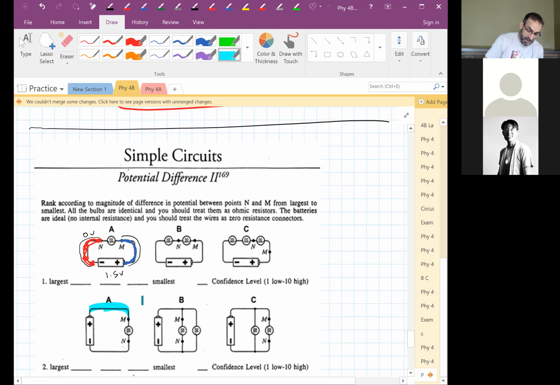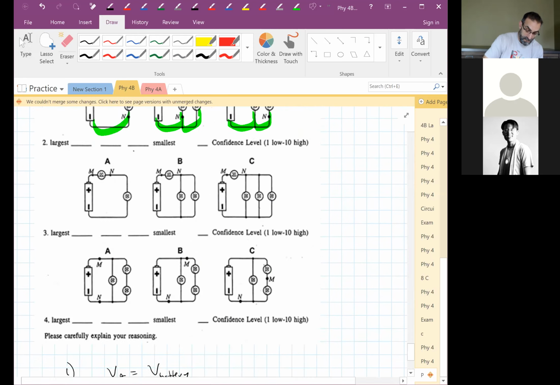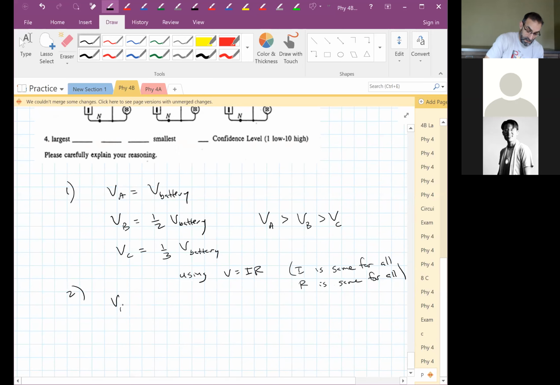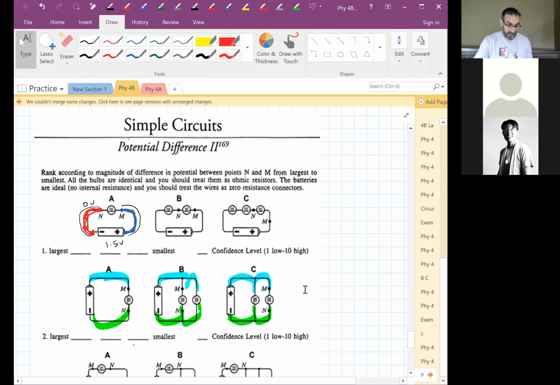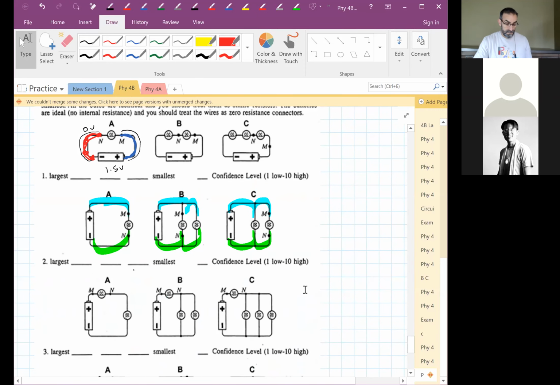Every one of these is connected across the battery. Number 3.